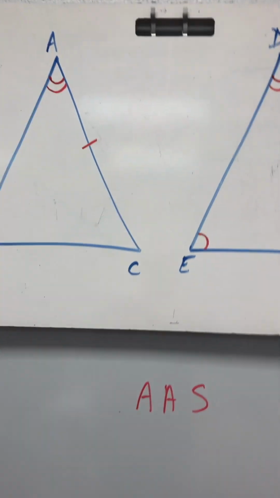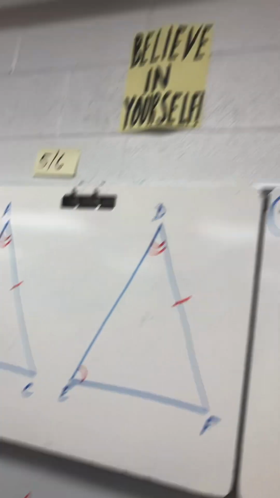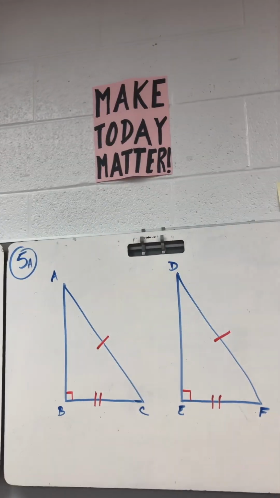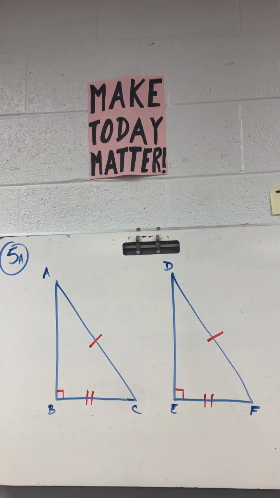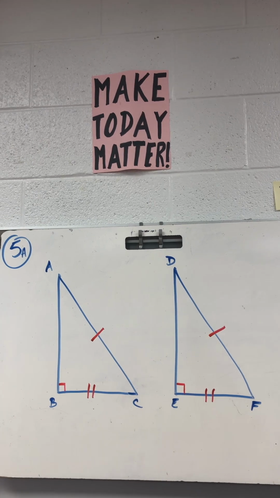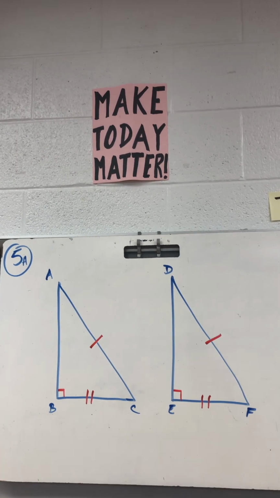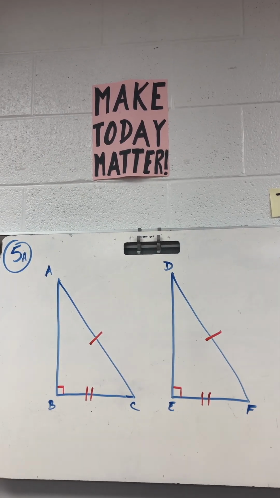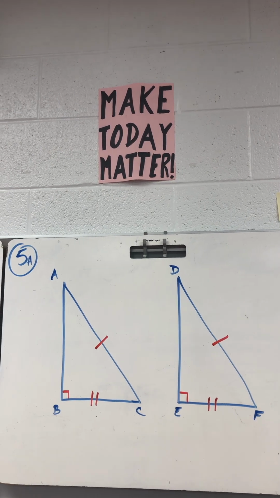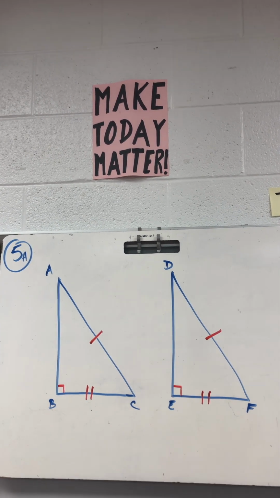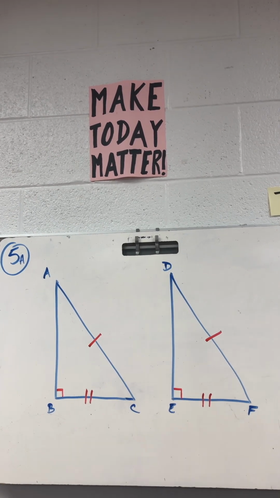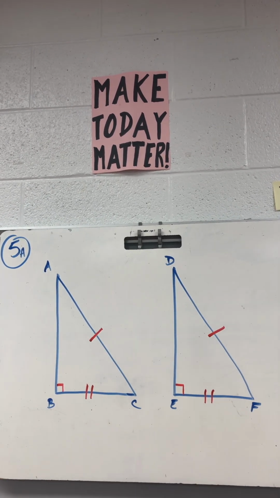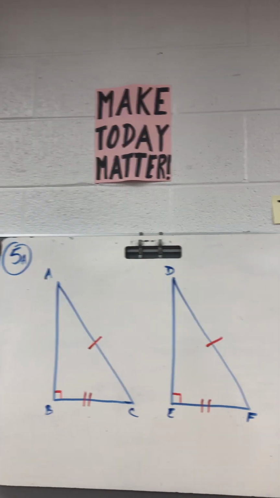For those of you doing my Delta Math assignment, there's going to be one more option that involves right triangles. Okay? Here are two right triangles. Now, when you have right triangles, and we're going to talk about this in another video on right triangle congruence, but for the purposes of Delta Math today, we're going to add this one in.